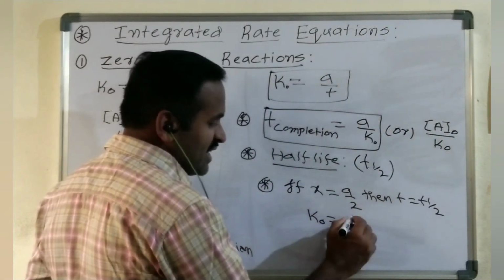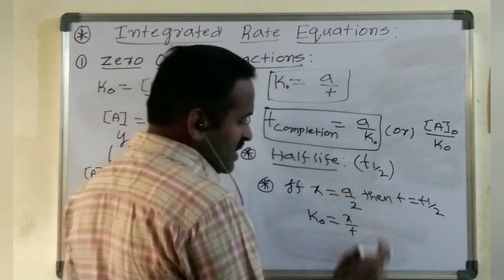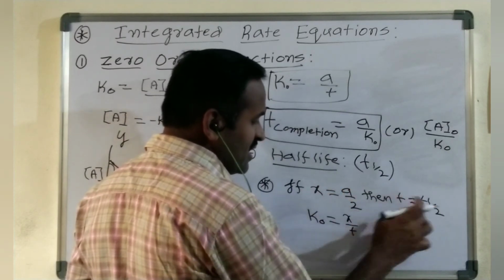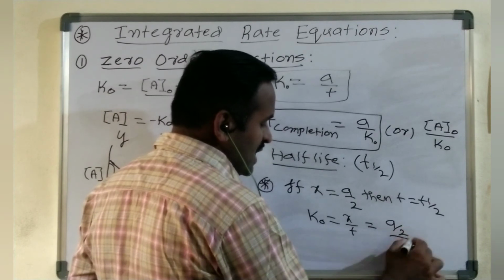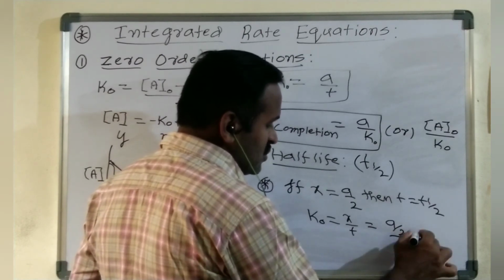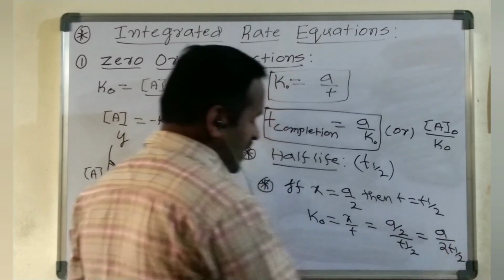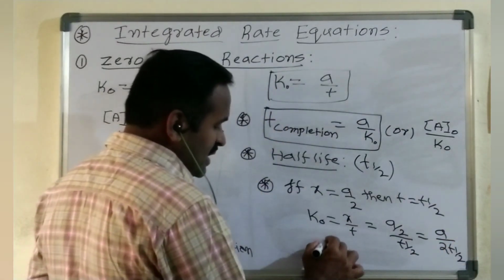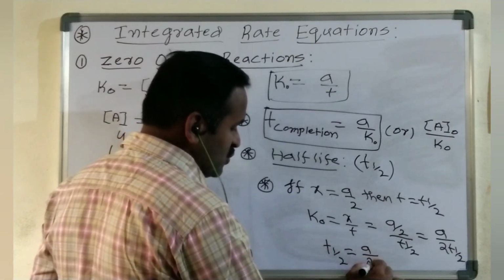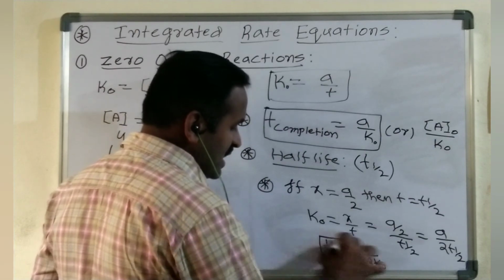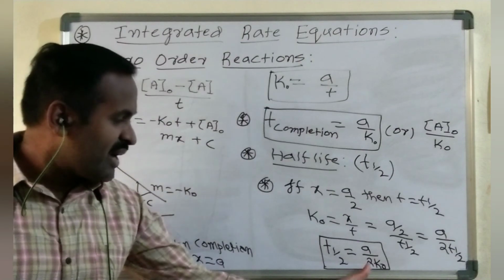Substituting x equal to A by 2 and t equal to t half, we get k naught equals A by 2 t half. Or t half is equal to A divided by 2k naught. So this is the half life for a zero order reaction: t half is equal to A by 2k naught.